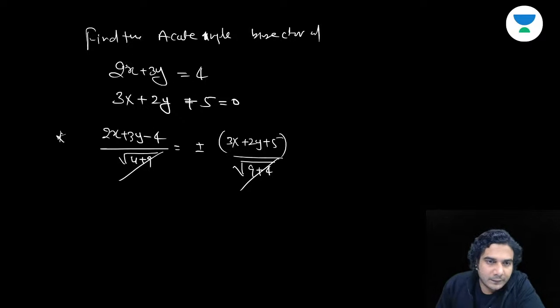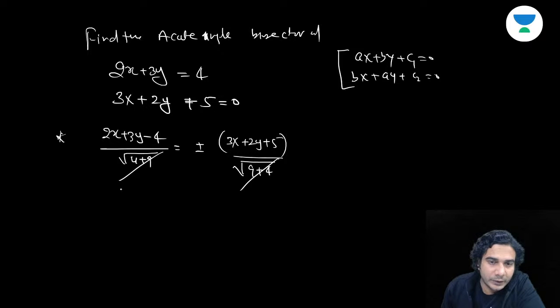Jia, do you remember that I have told you that these two lines ax plus by plus c1 is equal to 0 and bx plus ay plus c2 is equal to 0 are equally inclined to which line? Do you remember that? We discussed it.